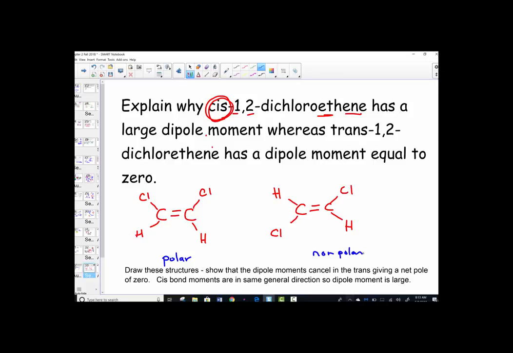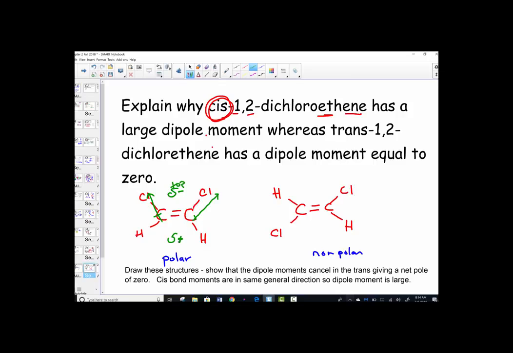So when we draw the structures, I can clearly see the electron distribution in the cis arrangement all being pulled to the top of the molecule, making the top of the molecule very electron rich and the bottom of the molecule electron deficient.